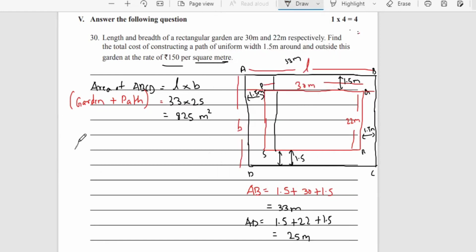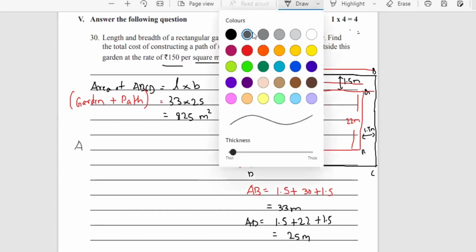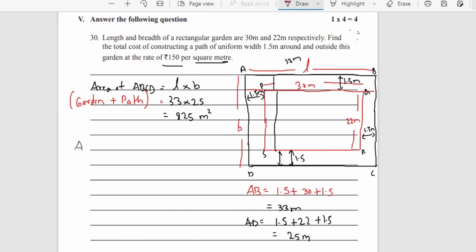Moving further, area of garden. Area of garden value is already given. Now we name that garden as PQRS. So we're going to write down PQRS. In the bracket, we're going to write down the area of garden. We know the garden is in the shape of a rectangle, so we apply the area of rectangle formula, that is length into breadth.